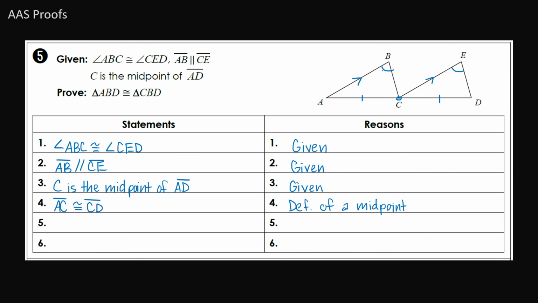So we have one angle and one side. We're going to need some combination of angles or sides to continue to prove the triangles are congruent. So the last given information we have is AB is parallel to CE. So we're going to use some of that parallel lines cut by a transversal stuff again. So I'm just going to extend my parallel line so you can kind of visualize what's happening here.